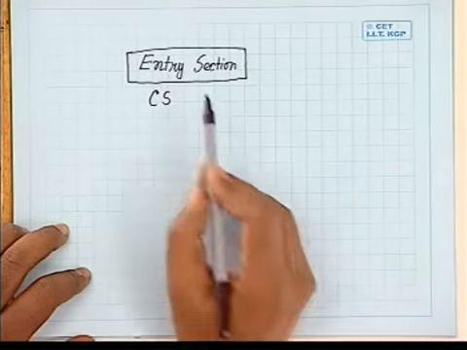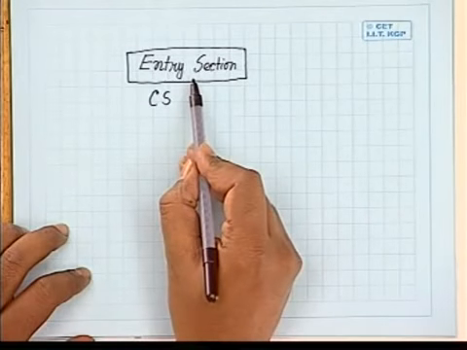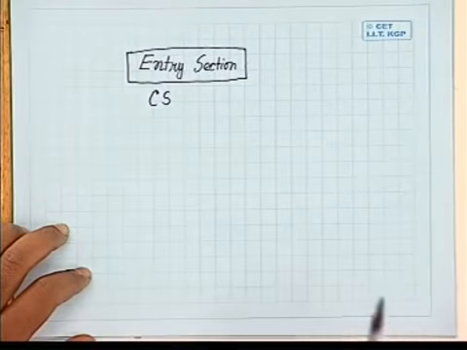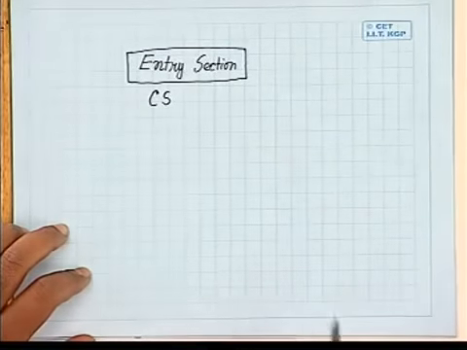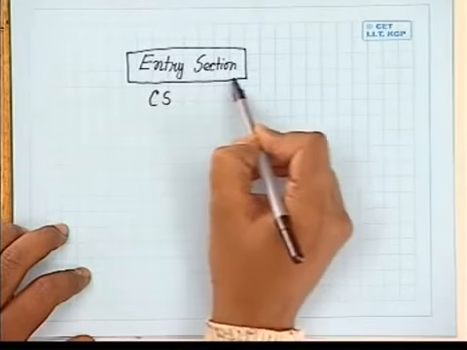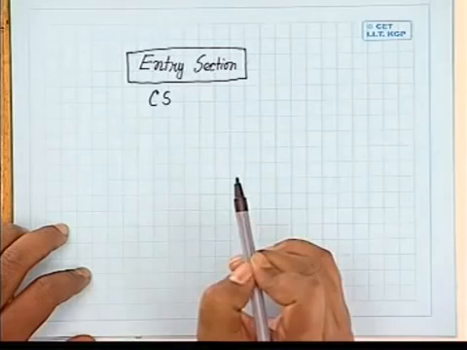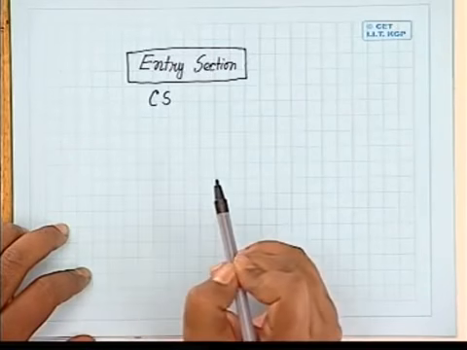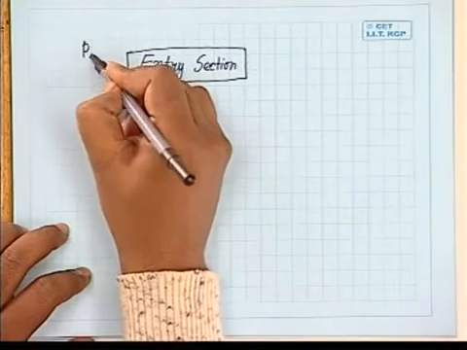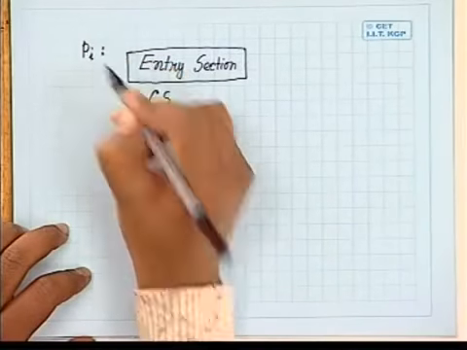So a lock has to be set in the entry section when the process enters the critical section, and that lock has to be checked by all other processes to see whether the critical section is free or not. So all these operations are to be done in the entry section. Once the entry section is successful, then only the process, say Pi, can enter the critical section. So this is the situation of process Pi.